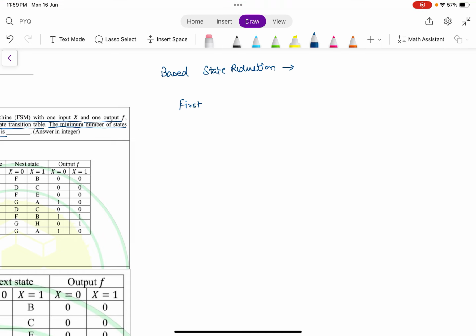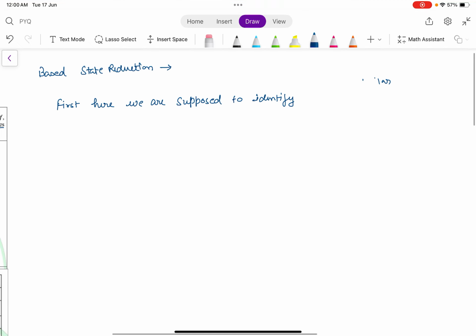First, here we are supposed to identify two or more similar states in the next state and output state.